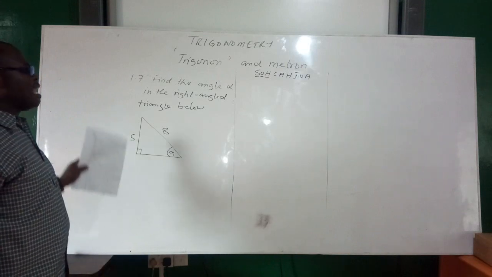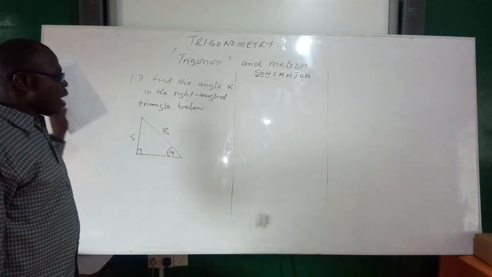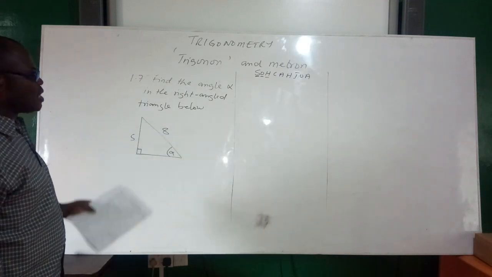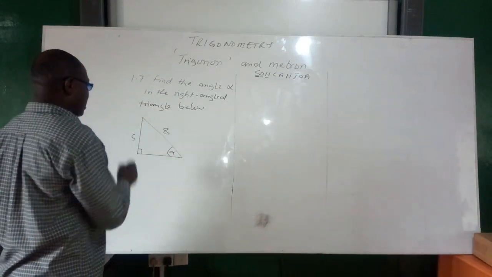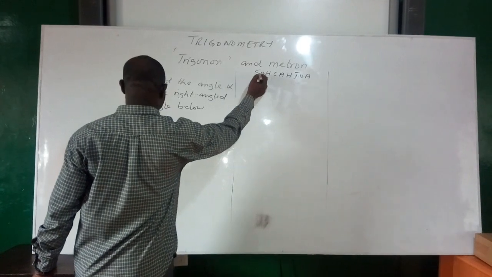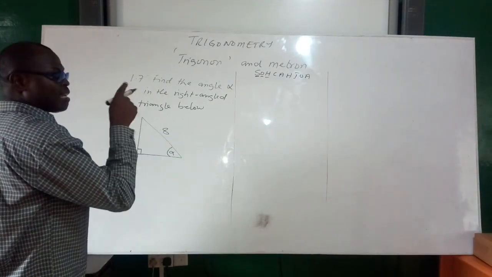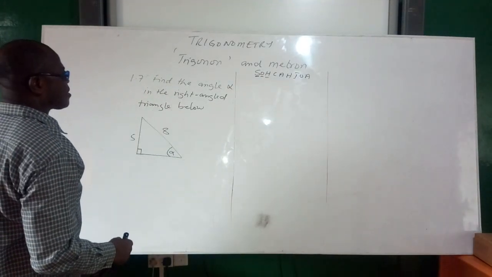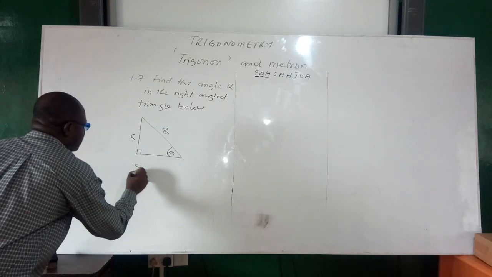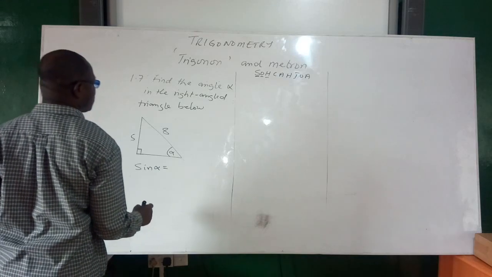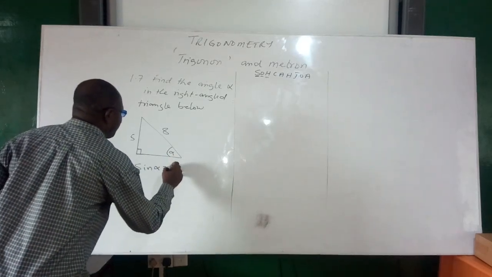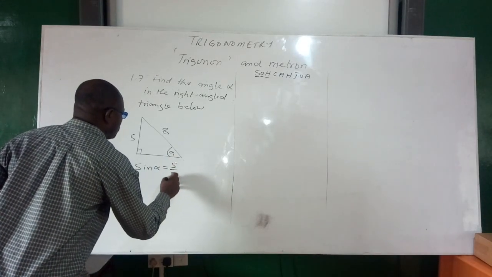The line that has nothing to do with the angle is the opposite, which is 5. So the trig ratio we are looking for is sine. Sine alpha is equal to opposite, 5, over hypotenuse.